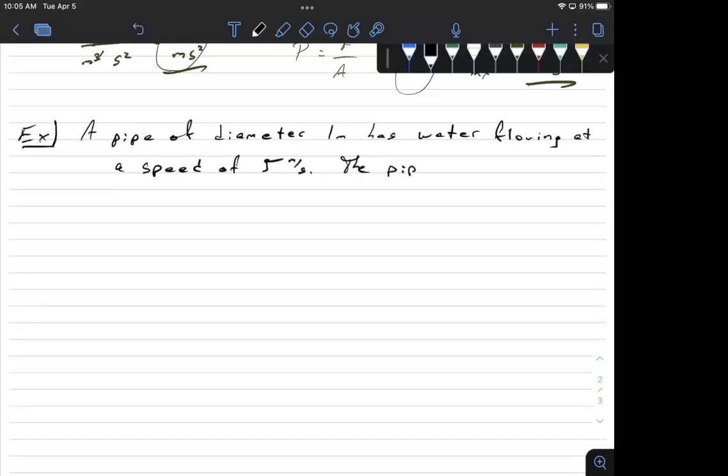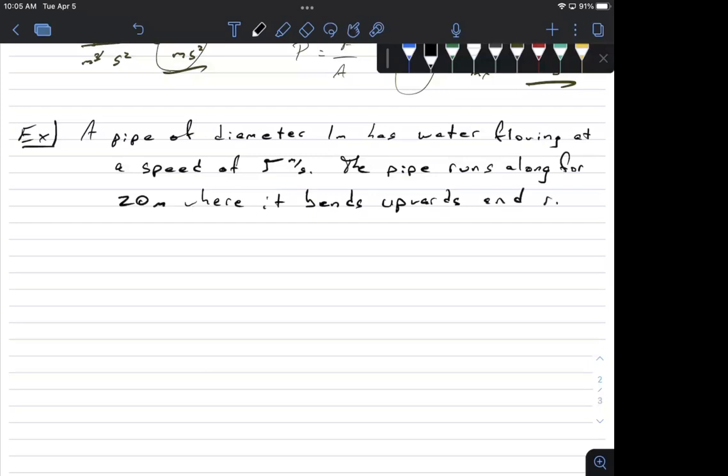The pipe runs along for 20 meters, where it bends upwards and rises to a height of, let's say, 30 meters.